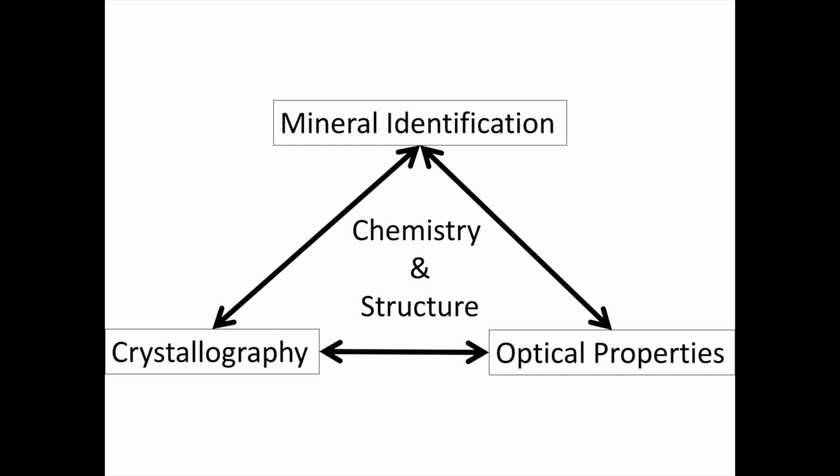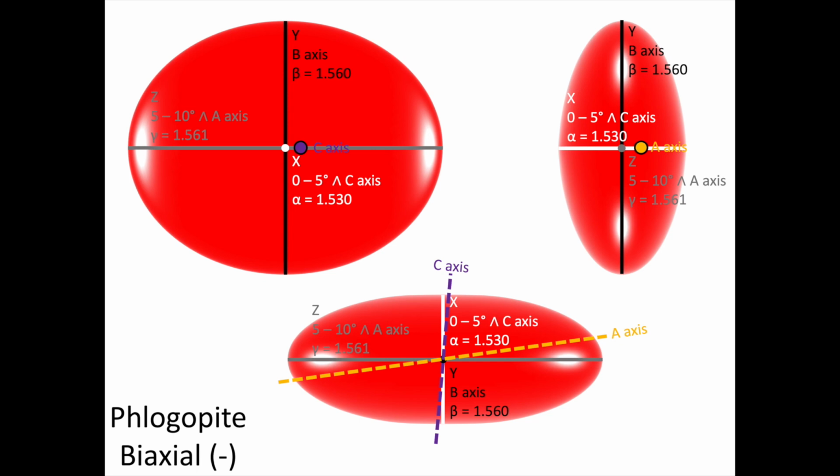Now that we've taken a look at the optical indicatrix for our Phlogopite and have tied together our optical indicatrix and our crystallographic axes, we can figure out what view through our optical indicatrix we'll see when we're looking onto one of the cleavage surfaces of our Phlogopite. The cleavage plane in our Phlogopite is the same plane that contains the A and B crystallographic axes.